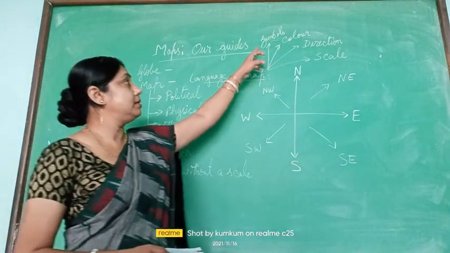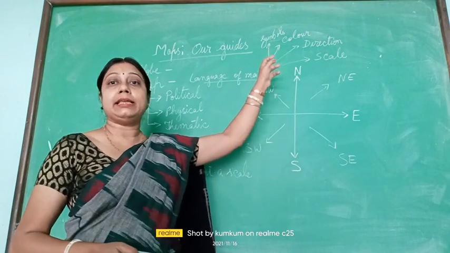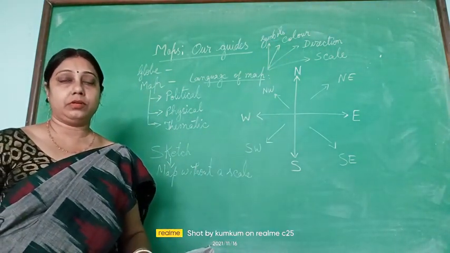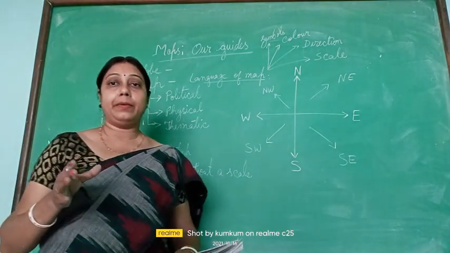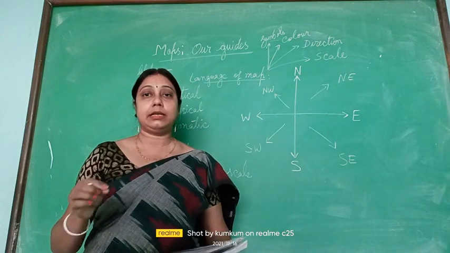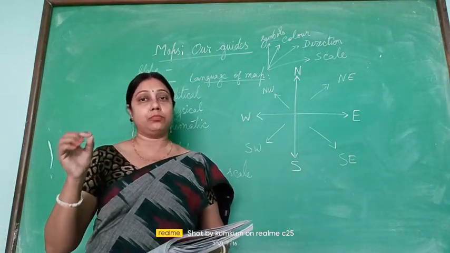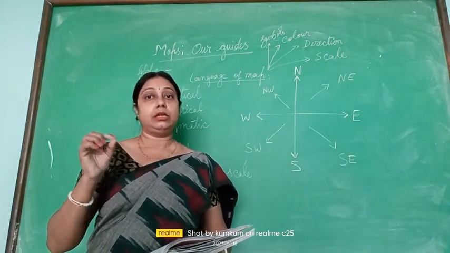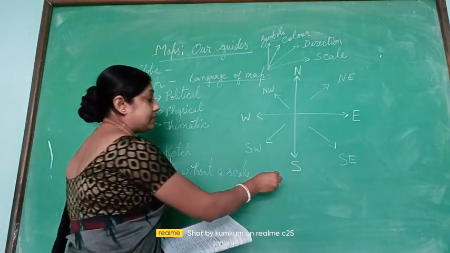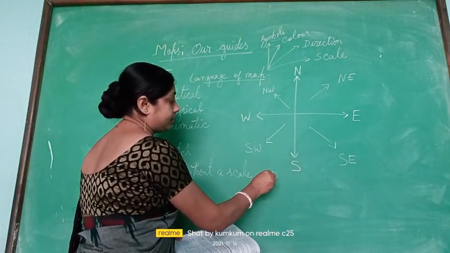Besides this, there are signs and symbols we use. Whenever you are seeing a map, certain symbols will be depicted by which you can understand, like the signs of temples, mosques, bridges, dams, rivers. The capital city is marked like this, a dot, and it is rounded up.